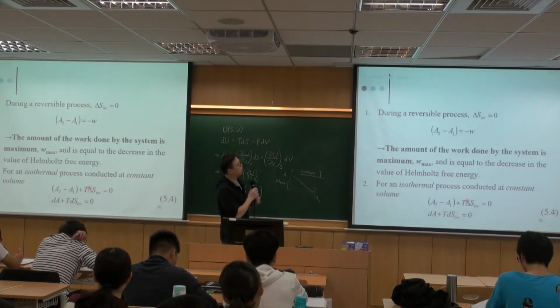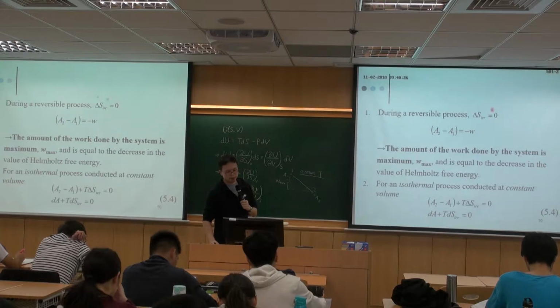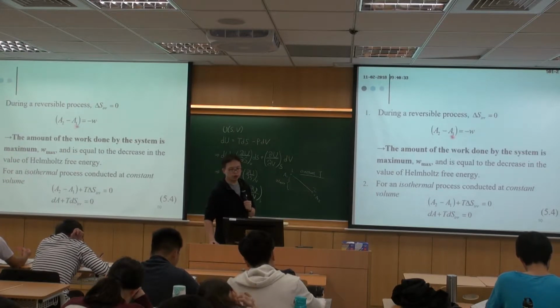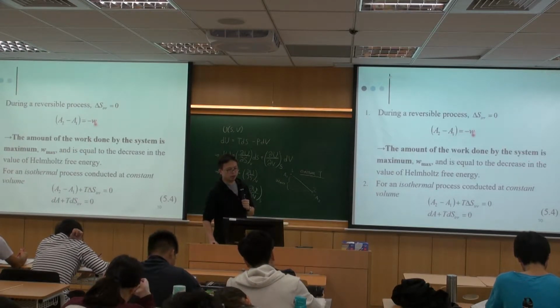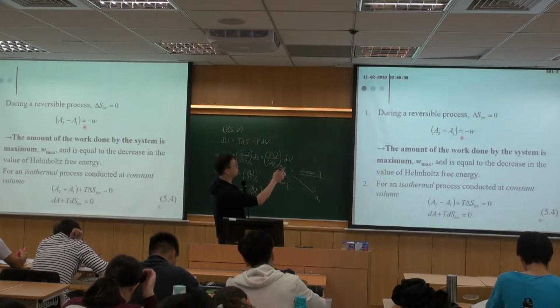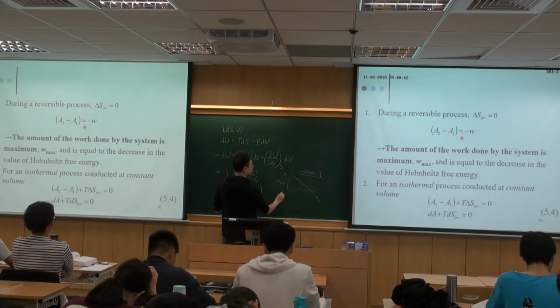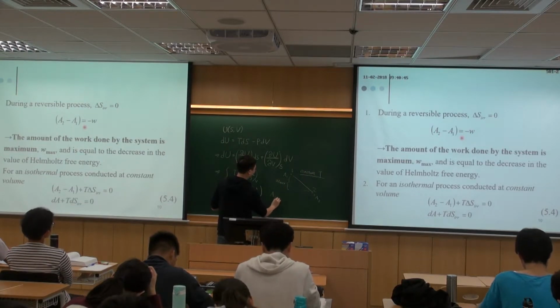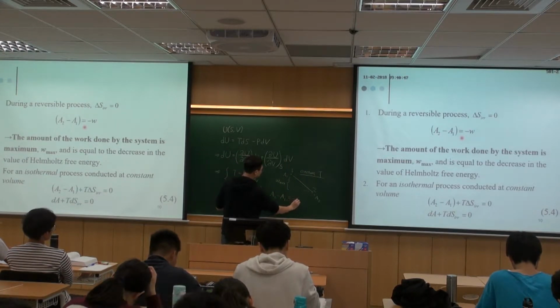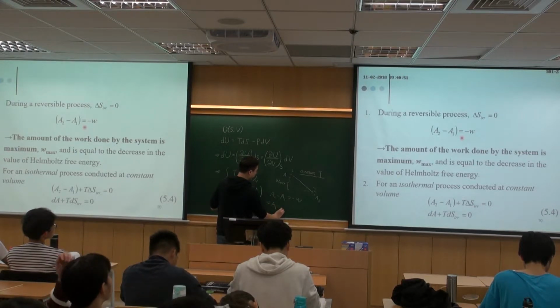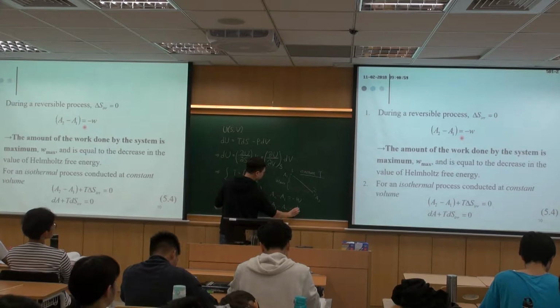So during a reversible process, it means that we don't have irreversibility, and therefore the change of Helmholtz free energy will be minus W. And of course, if you use A2 minus A1, it is minus W, but by multiplying both sides by a minus sign, you have this, or you can say maximum work.